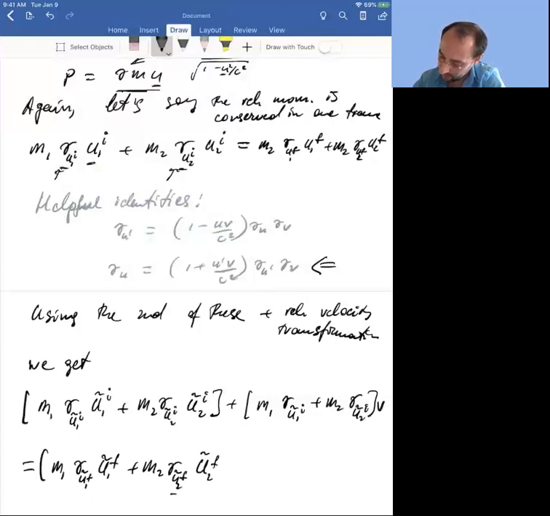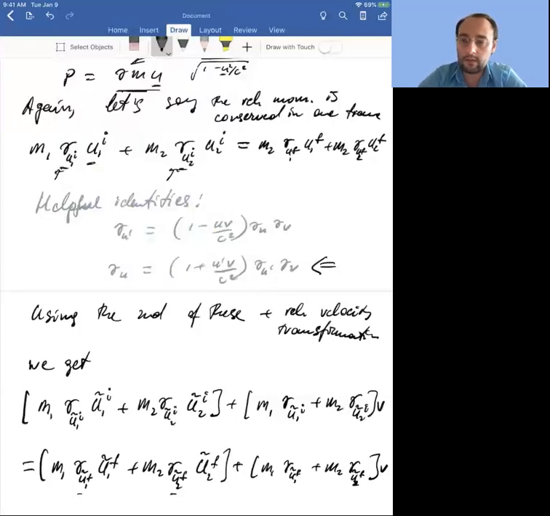These are subscripts, these are multiplications. Plus M1 gamma U1 tilde final plus M2 gamma U2 tilde final times V. Okay.